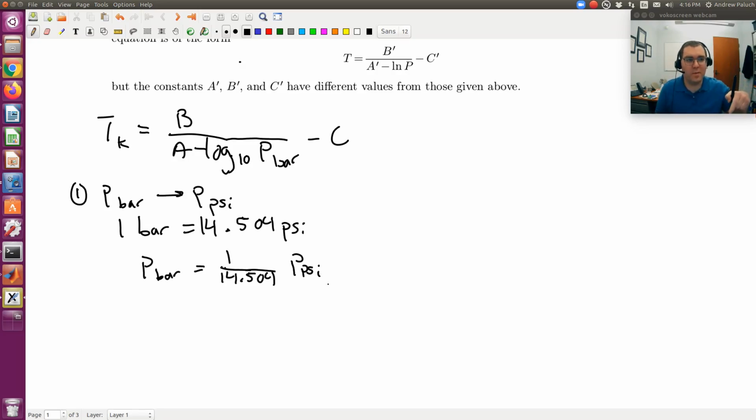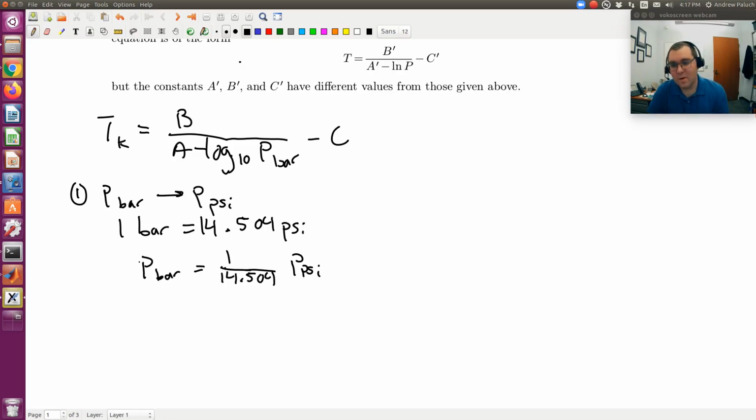So if I input my pressure in PSI and I divide by 14.504, I obtain the corresponding pressure in bars. The significance of this is that 1 bar is 14.504 PSI, so this is bars per PSI. If I input a pressure in PSI and multiply it by my conversion factor for PSI to bar, I get a pressure in bar. Okay.